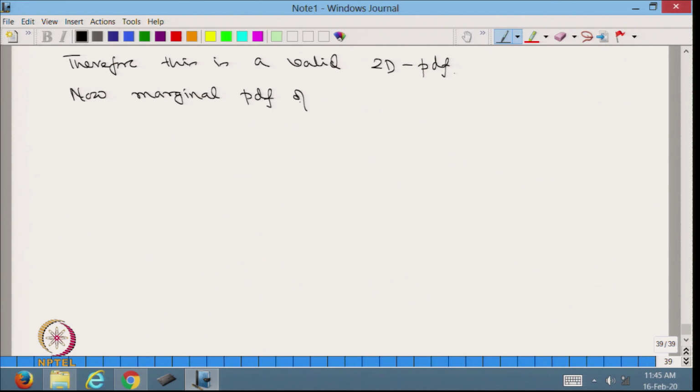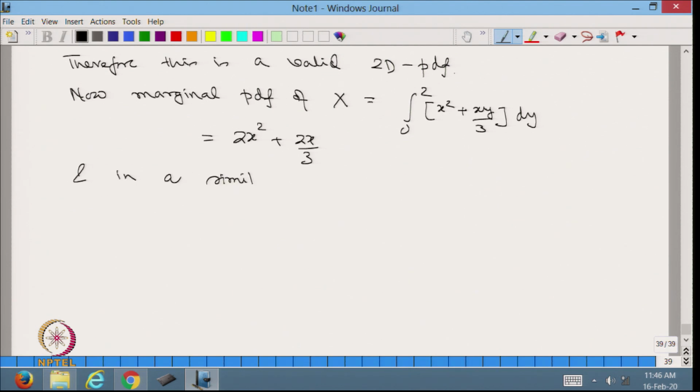Now, our marginal PDF of x is equal to the integration 0 to 2 of (x square plus xy by 3) dy, which will come out to be 2x square plus 2x by 3, and in a similar way, the integration 0 to 1 of (x square plus xy by 3) dx will give the marginal PDF of y.